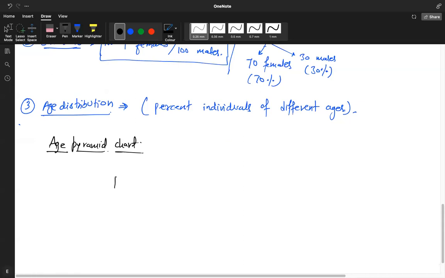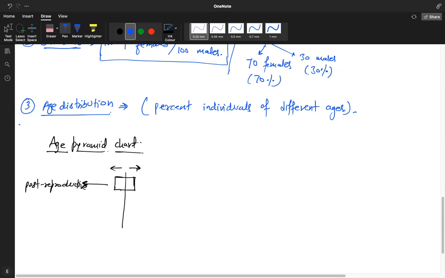Let's say the black one here represents, right in the center, and when you go to this side or that side, the number of individuals increases. This black represents individuals in the post-reproductive phase. Post-reproductive means they cannot reproduce anymore, correct? Their reproductive age is gone.